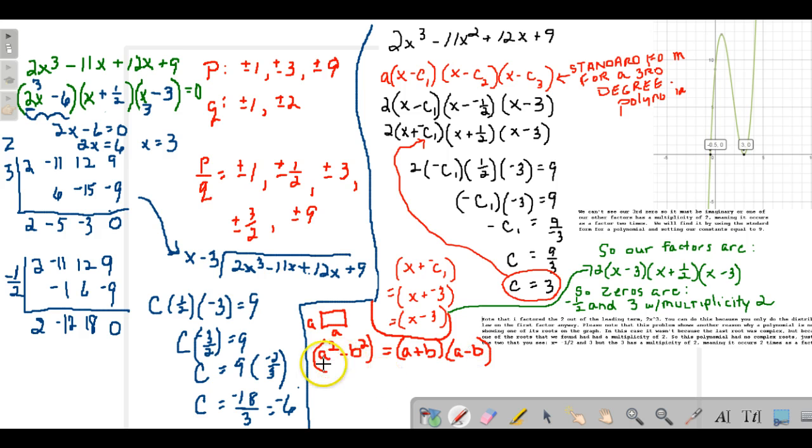So if you ever see those, there's no middle term. The middle term drops out because you got a plus and a minus. You got a positive ab and a negative ab. That's why the middle term drops out.